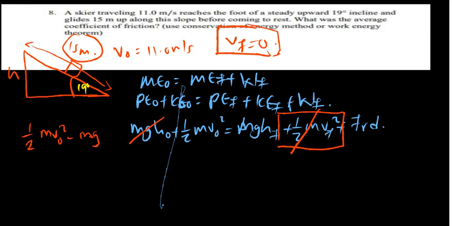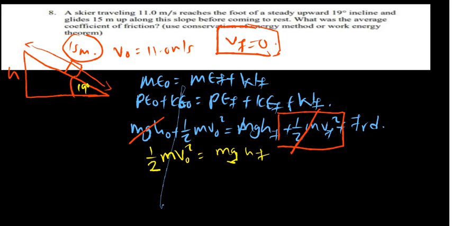For the sake of recording, we are saying that if we have cancelled those terms, then half mv initial squared has to be equal to mgh. Then what else do we have? Not this one, guys. We are shifting that term to the other side, so it's going to be minus mgh final. Then this has to be equal to the Fr d.